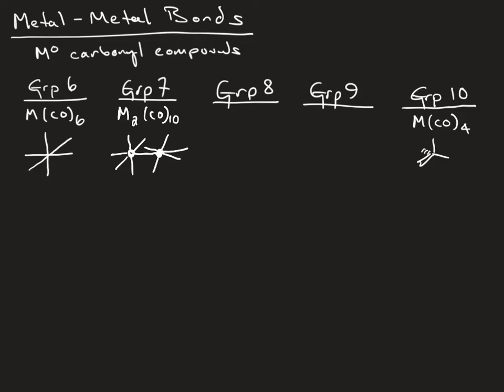In group 8, you form a trimeric species with 12 carbonyls, so it's a dodecacarbonyl species. You form a triangle of metals, and then each metal center has 4 CO ligands associated with it.